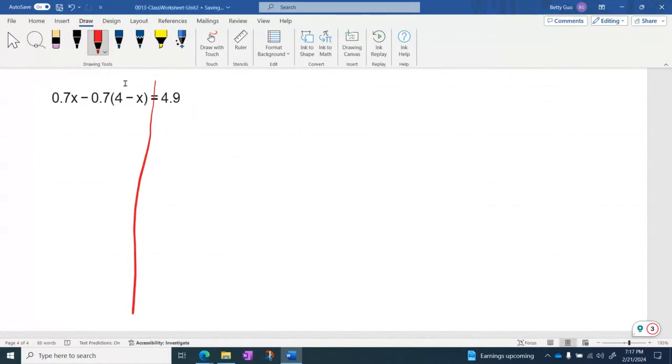Why? Because it has a grouping symbol. If we have a grouping symbol, what should we do? Last Monday, not this Monday, the first class, we learned a property called the distributive property.